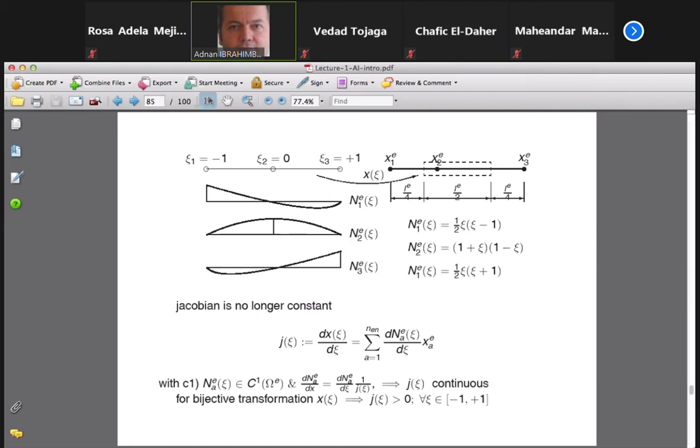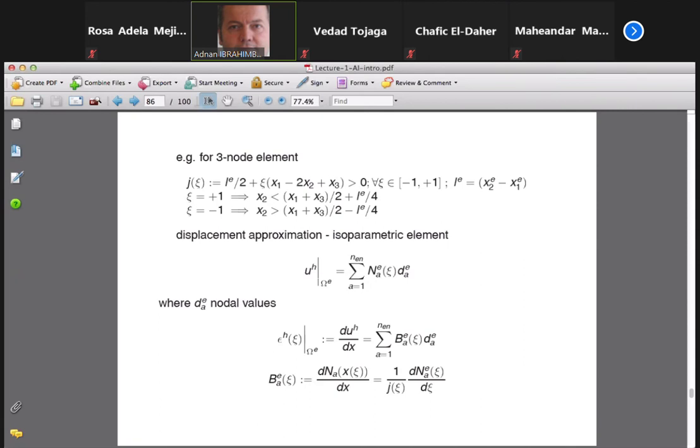And given that the values of the Jacobian should be defined between xi equal to -1 and xi equal to +1, you compute this Jacobian for the 3-node truss bar element, and it could be written as J of xi equal to LE over 2, where LE is the difference between one extreme, x2, minus another extreme, x1. And then basically, this should be x3, sorry.